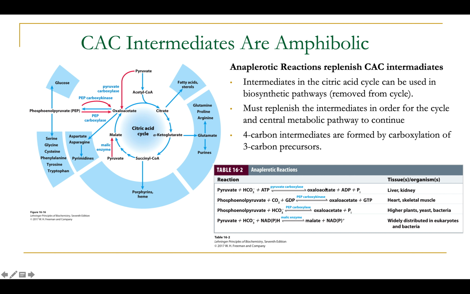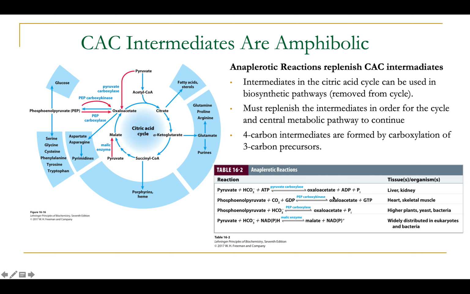So there are several pathways to replenish oxaloacetate. One of them uses pyruvate, bicarbonate, and ATP as precursors in the reaction, which is essentially the same as the first bypass step in the gluconeogenesis pathway using pyruvate carboxylase. This generates oxaloacetate that can be fed into the citric acid cycle.